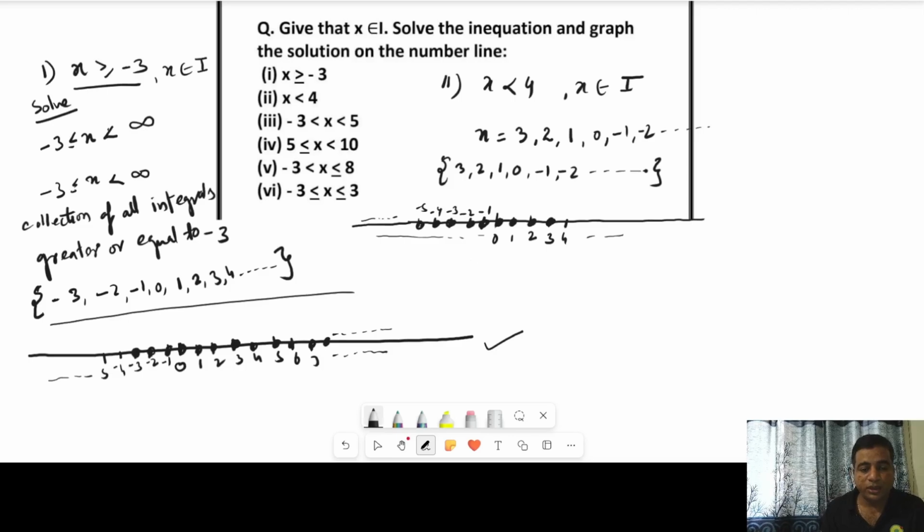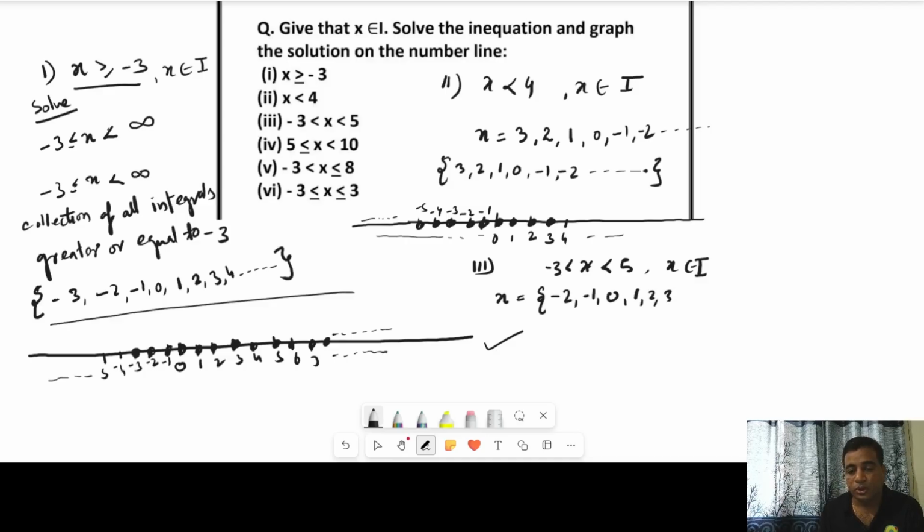Now I am coming to the third question. x greater than minus 3 and x less than 5, and x is an integer. So x becomes greater than minus 3, not equal to minus 3. So the integers greater than minus 3 are minus 2, minus 1, 0, 1, 2, 3, 4.